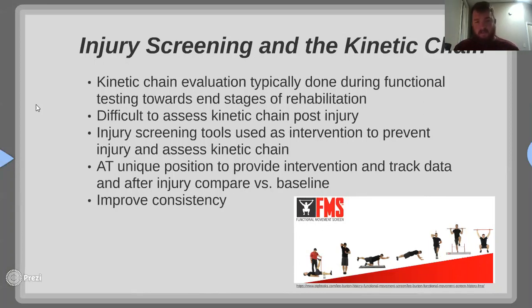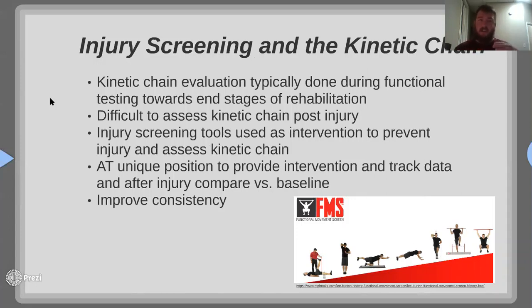But using injury screening tools before participants begin participating in athletics can be helpful, first as an intervention to prevent injury, and next it can be used to assess the kinetic chain, as a baseline measure.